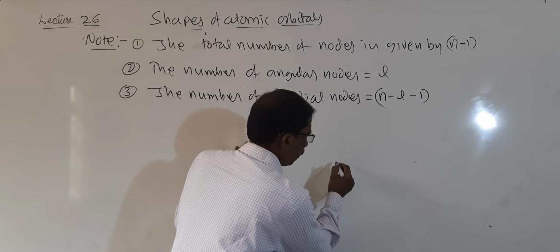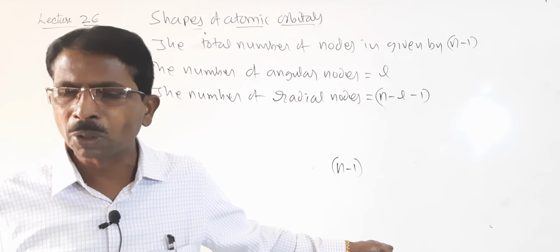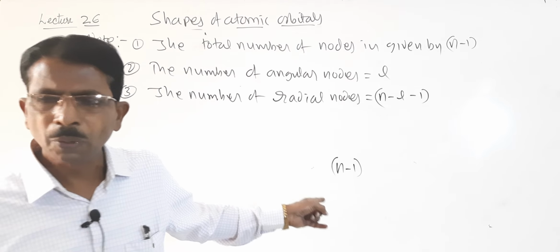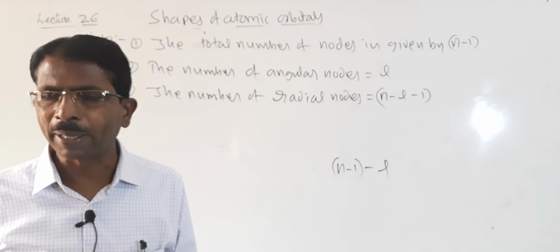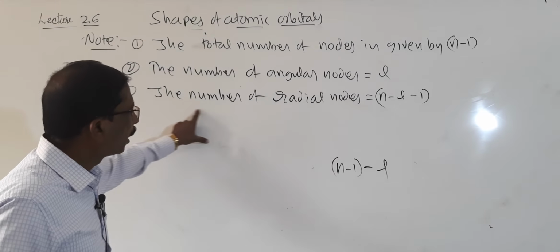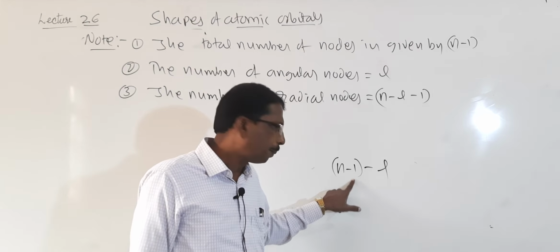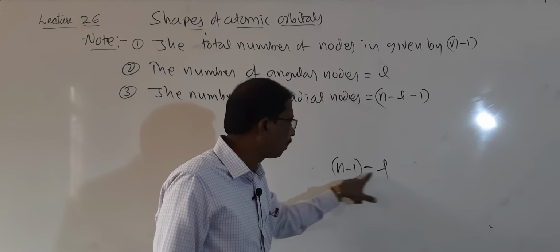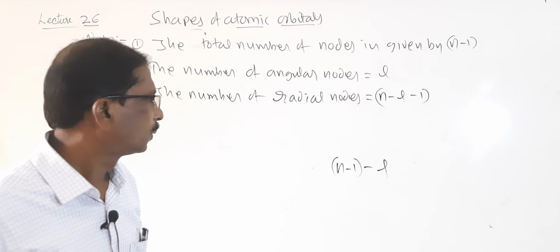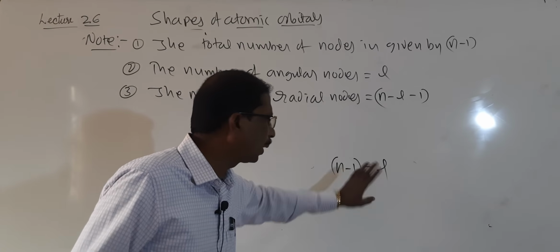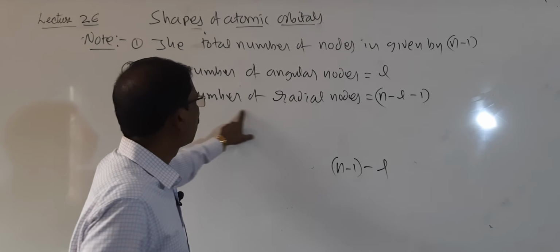Look here, n minus 1 is called the number of nodes. So the number of radial nodes is equal to the number of nodes minus L, the azimuthal quantum number. That is, number of nodes minus angular nodes. Remember this. So here it is n minus 1 and minus L, and that is called the number of radial nodes.